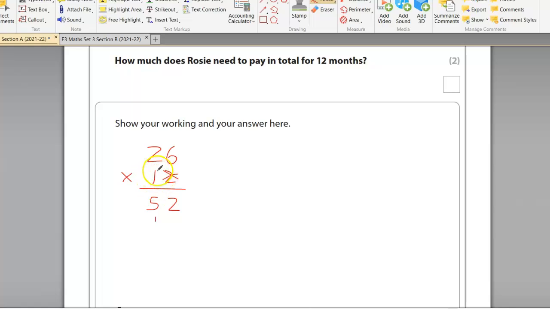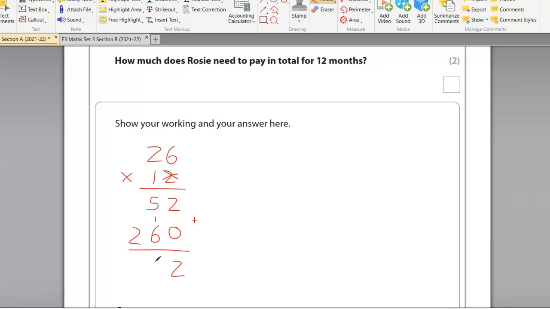Now I need to multiply by the 1. But because the 1 is in the tens column and not the units column, remember what we need to do underneath is put a 0. And then we can say 1 times 6 is 6. 1 times 2 is 2. And now, if we add those two answers together, we've got the answer to the question.